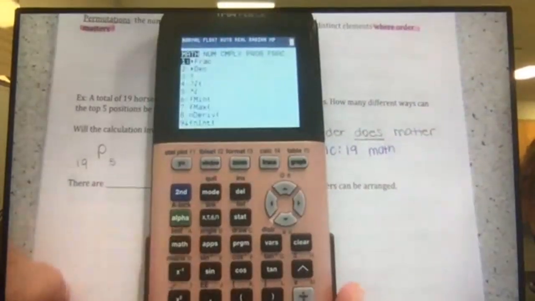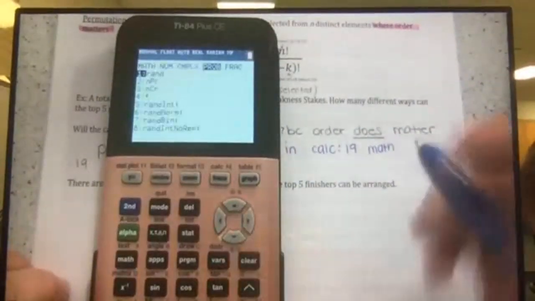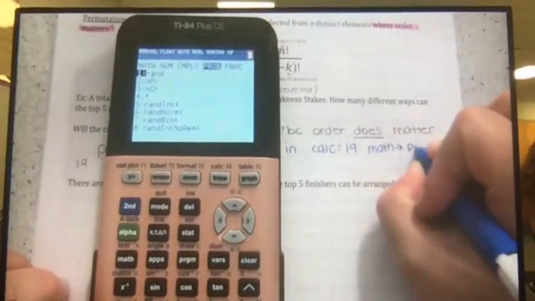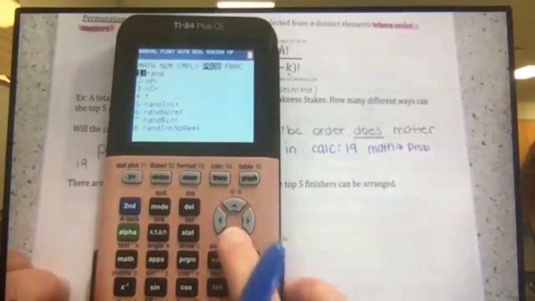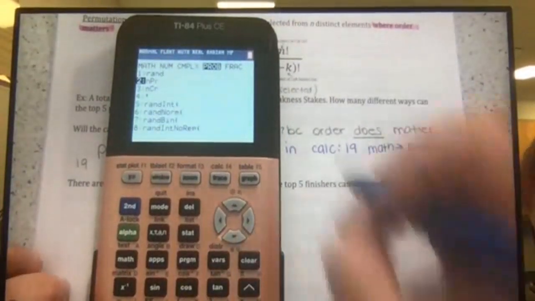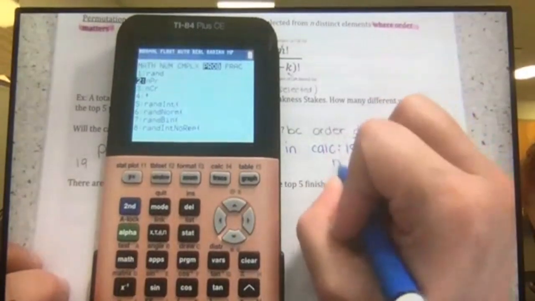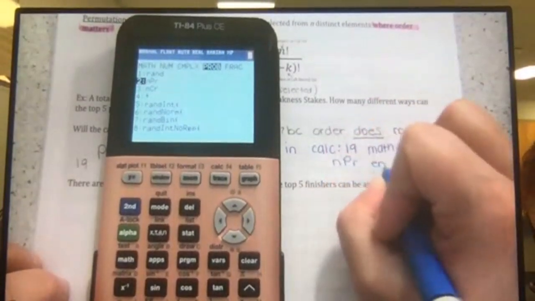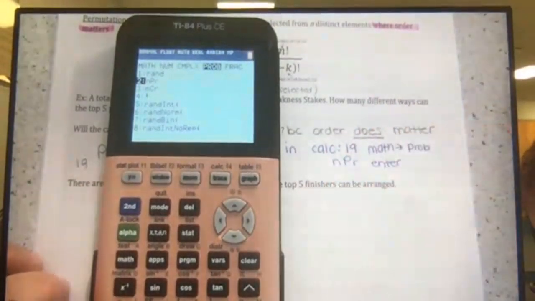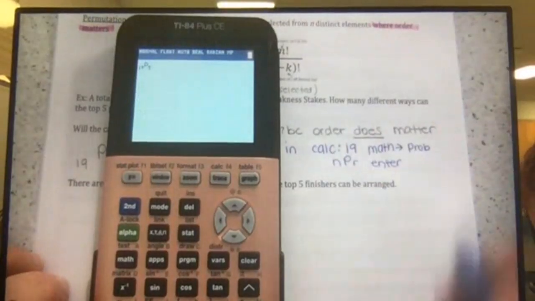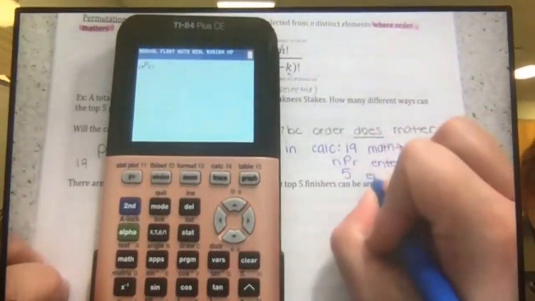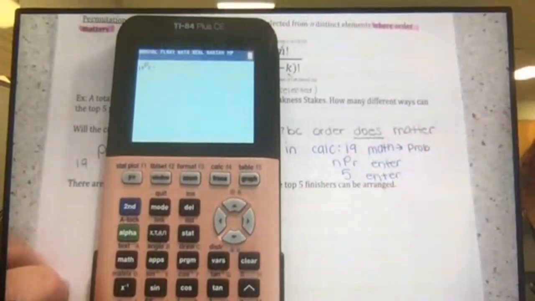Again, we're going to scroll over to probability. We're going to go down to permutations. We're going to press enter to say that's what we want to choose. And we're choosing 5 of them. So type in 5 and then press enter.